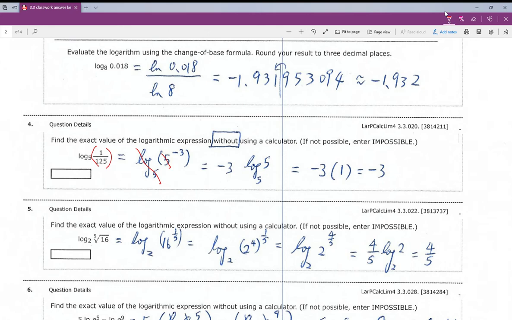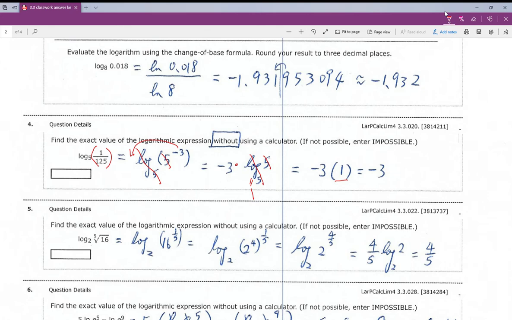Or if you want to use the new formula, you may bring this negative 3 to the front, become multiplication, and these two cancel out, equals to 1. This is 1. That's another way to do it.